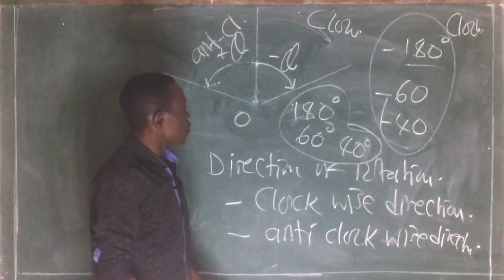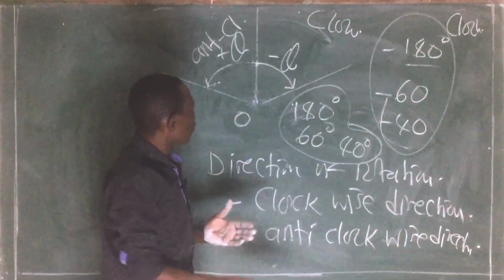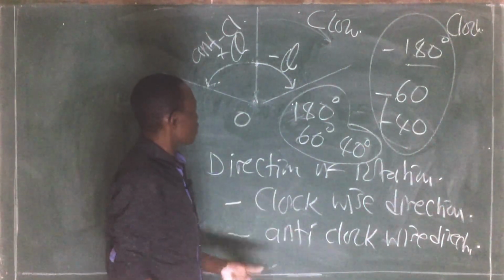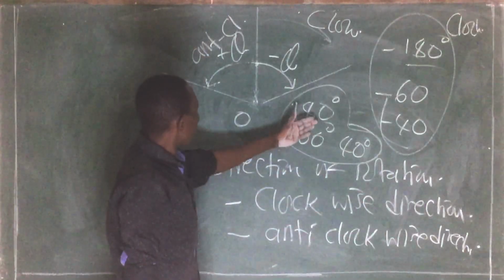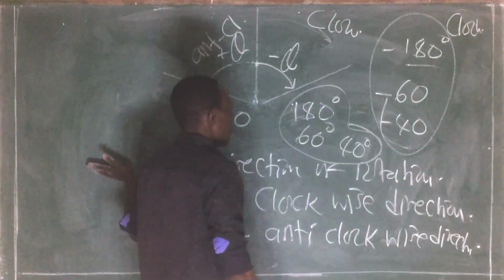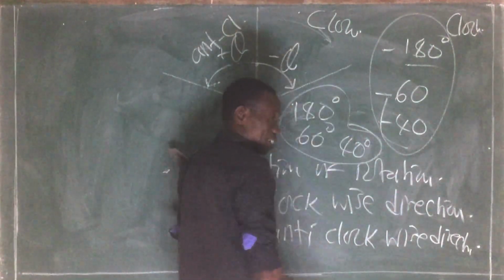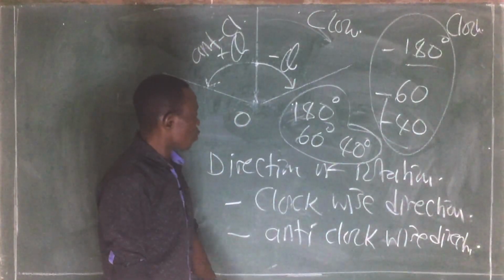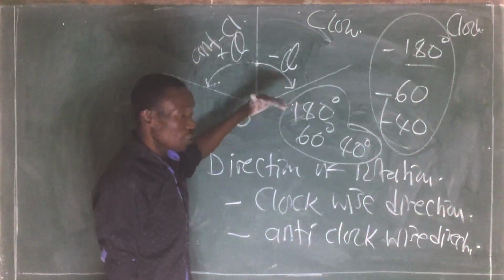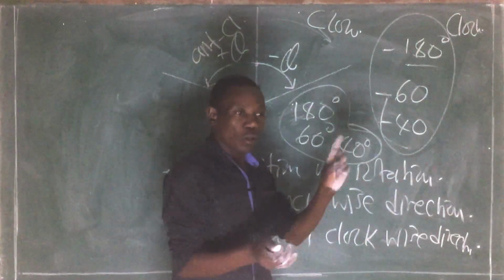Of course, some students might say this is the positive side. Yes, it looks positive, but that is negative in this case. Some might expect the left-hand side to be negative. No, that is the positive. So the angle of rotation can be negative or positive.